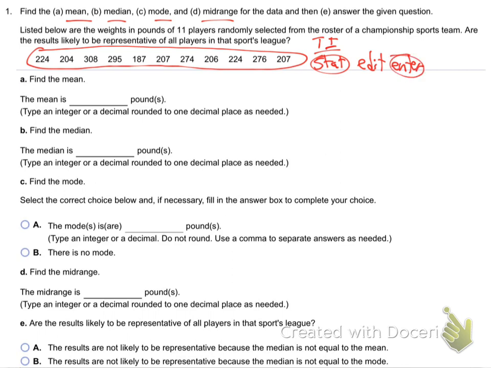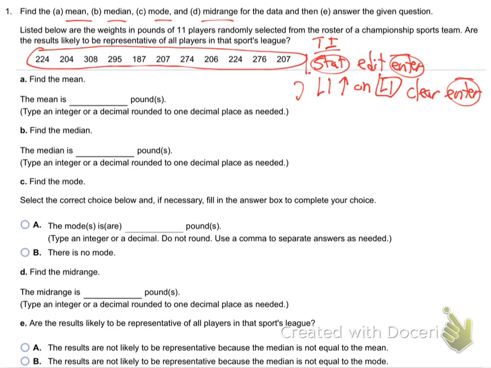Then go over to L1, up to the top where you're right on the L1. Cursor on the L1, hit the clear button on the right side, and enter. And that will clear the L1 list for you.